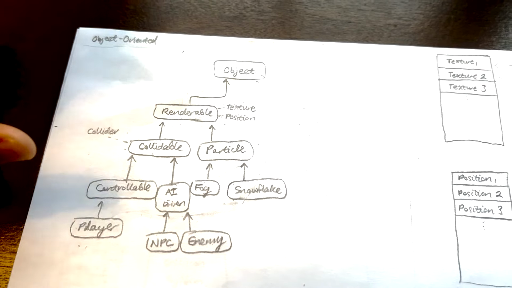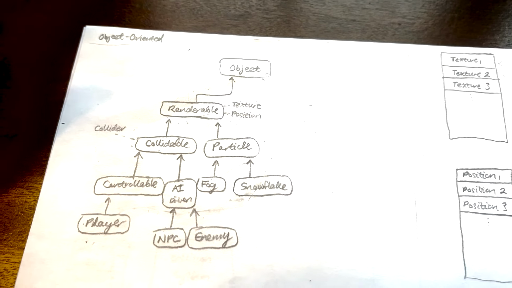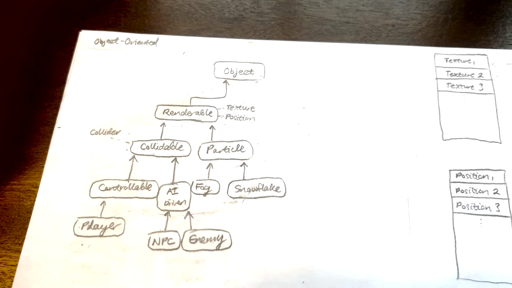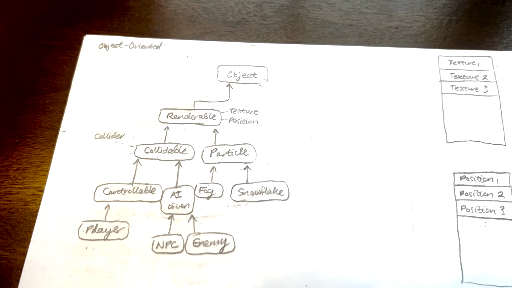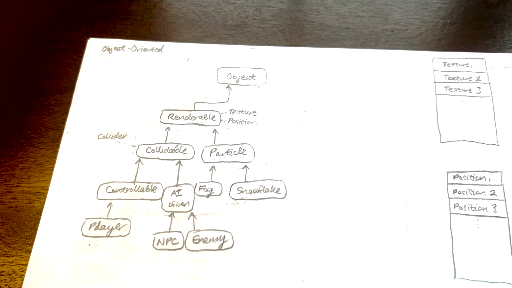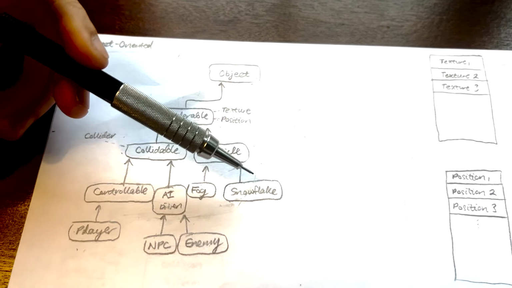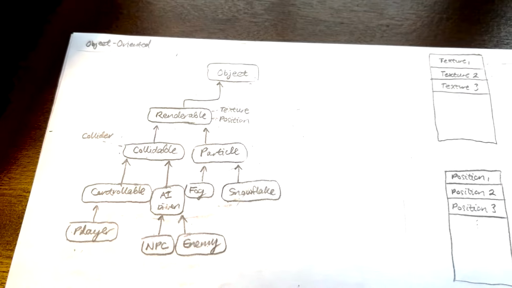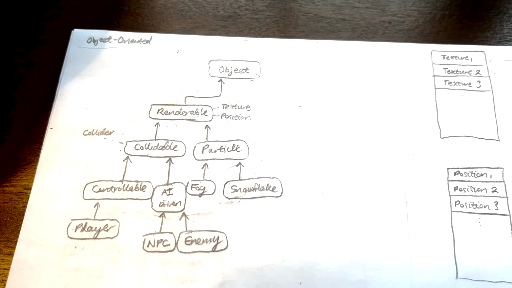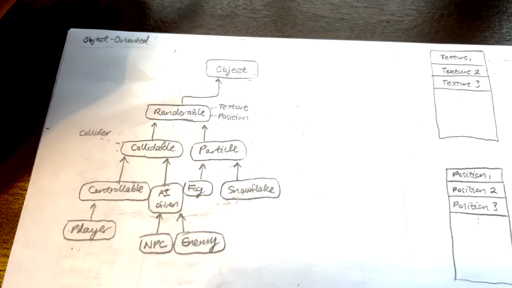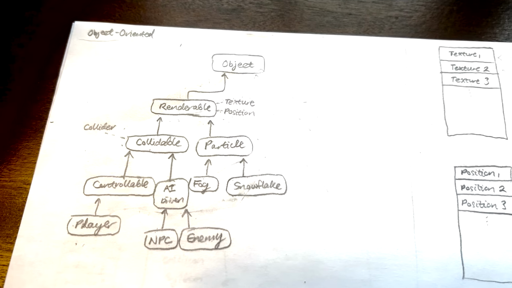They're all part of the hierarchy. We didn't separate them. So the main idea behind ECS is, let's separate the game objects from their attributes. So we'll take the game objects, player, NPC, enemy, fog, and snowflake, and call them entities. And whatever attributes they have, let's call them components.